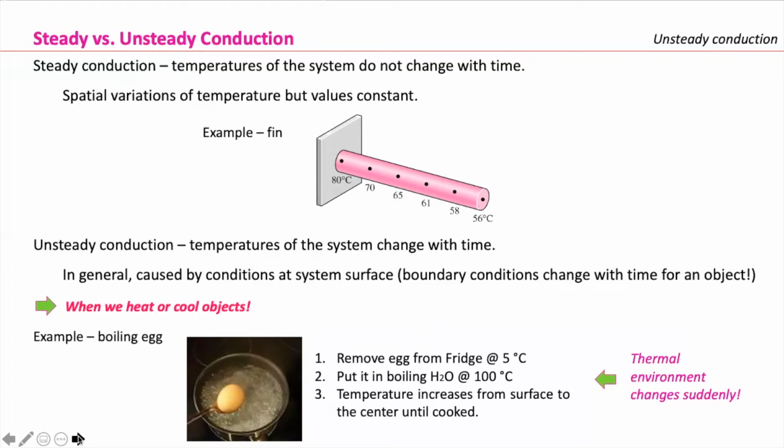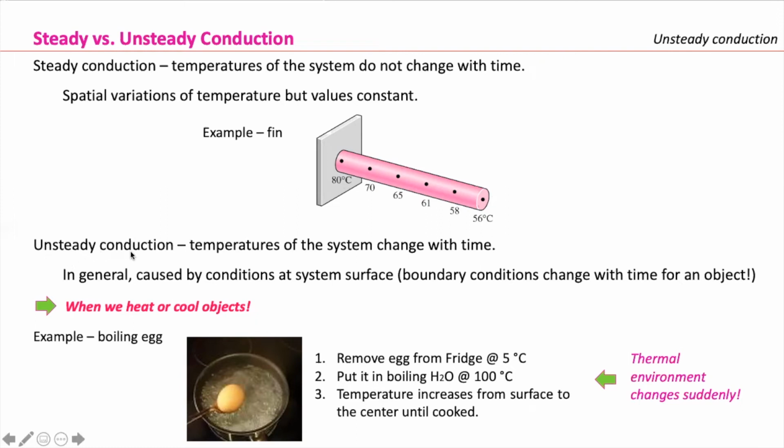As an example, take this fin. Here, the temperature near the base of the fin is 80 Celsius, then 70, 65, and at the tip 56. So near the base, all the time is going to be 80. Here at the tip is going to be at all times 56. That means we have spatial variations for heat transfer to occur, but the values are constant.